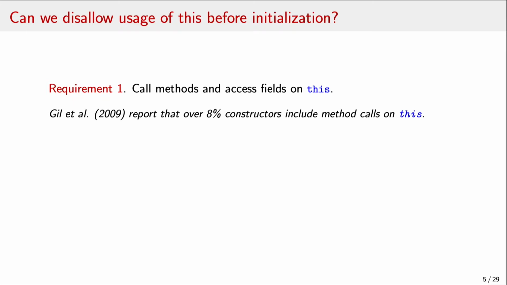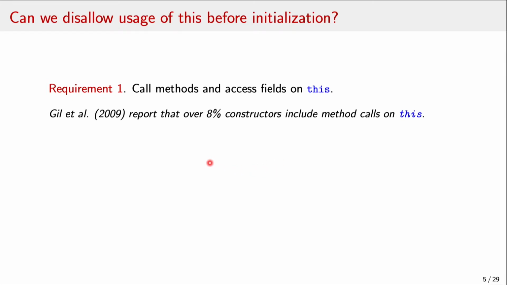A naive solution to the problem of object initialization is to simply disallow the usage of this before the underlying object is initialized. However, there are at least two valid usages of this inside the constructor. The first requirement is to call methods and access already initialized fields on this.